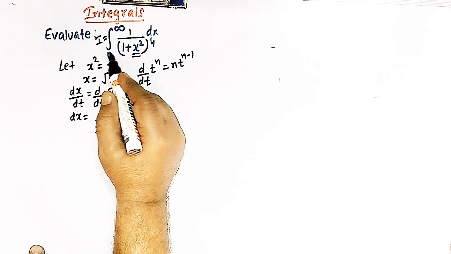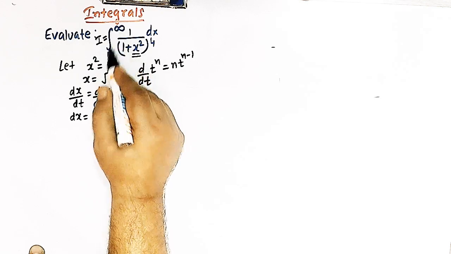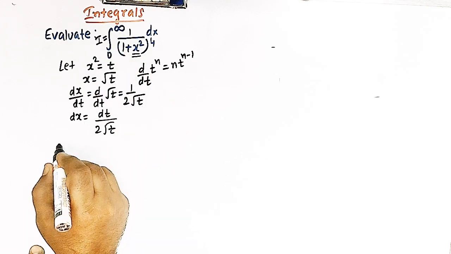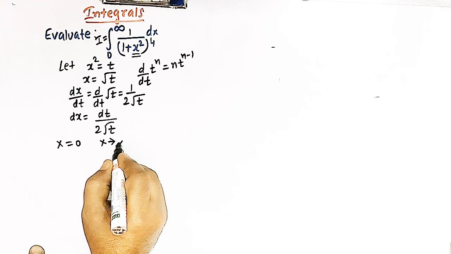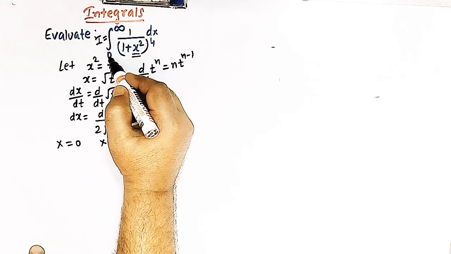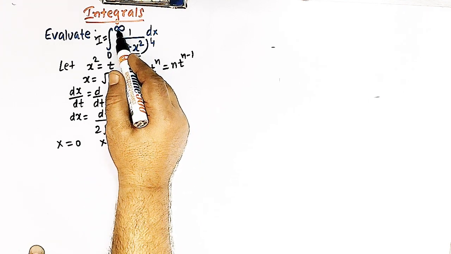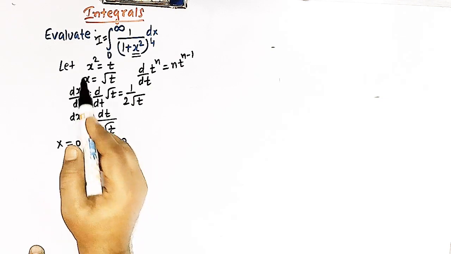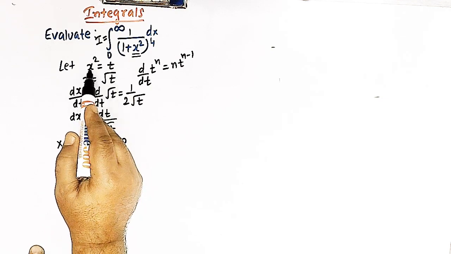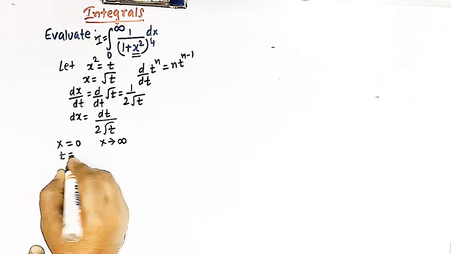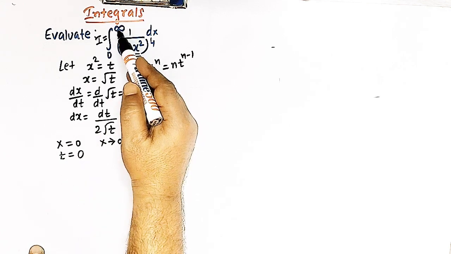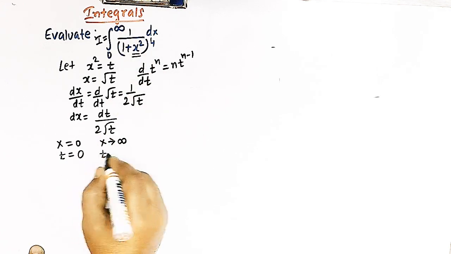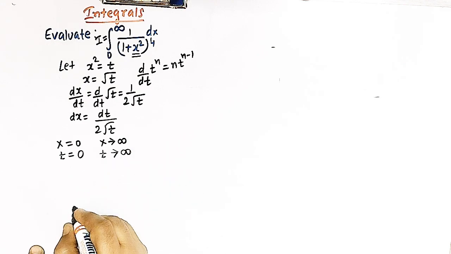Now let us change the limits accordingly. Here x varies from 0 to infinity, so the lower limit is 0 and the upper limit is infinity. When x is 0, then the value of t is also equal to 0, and when x tends to infinity, then t also tends to infinity, right?